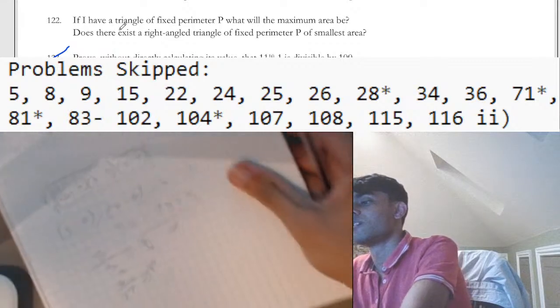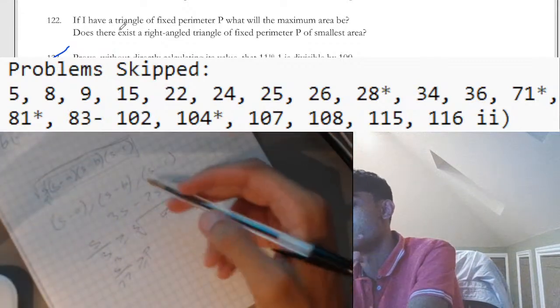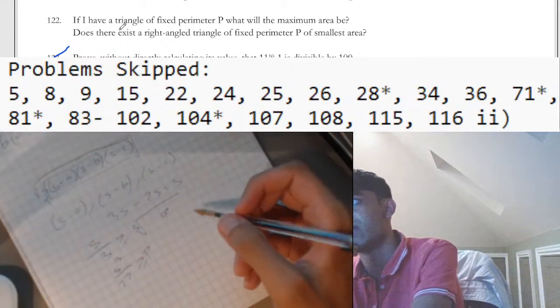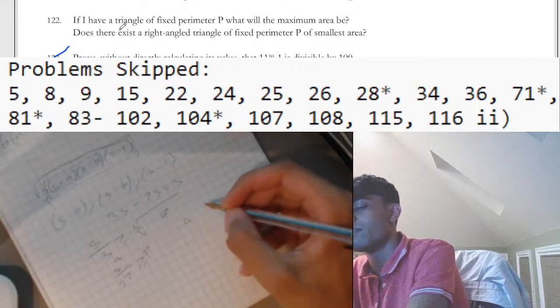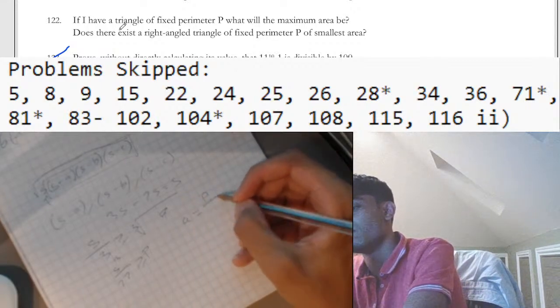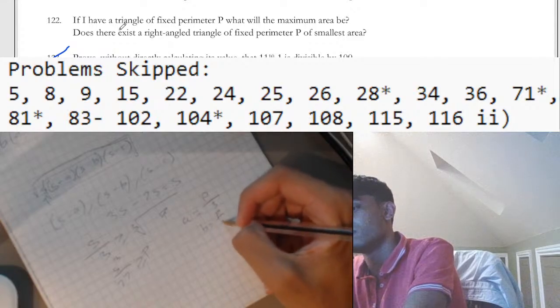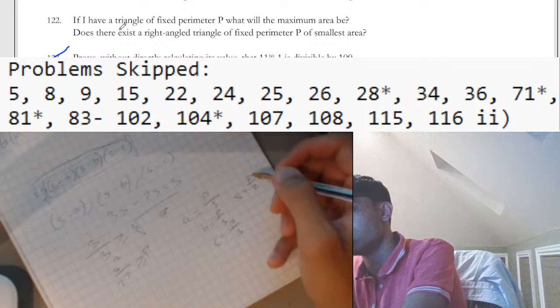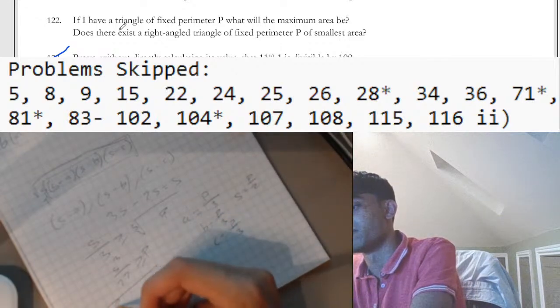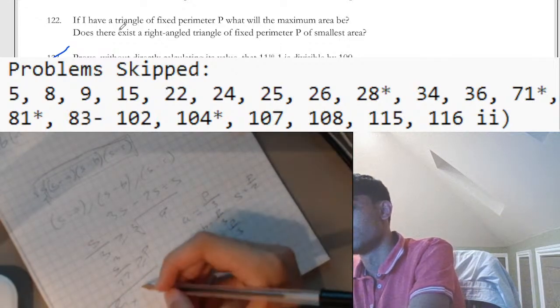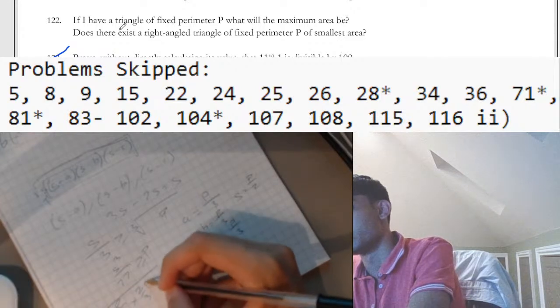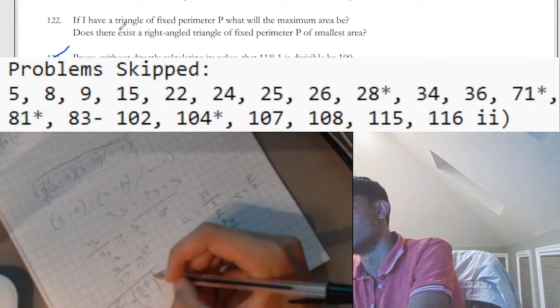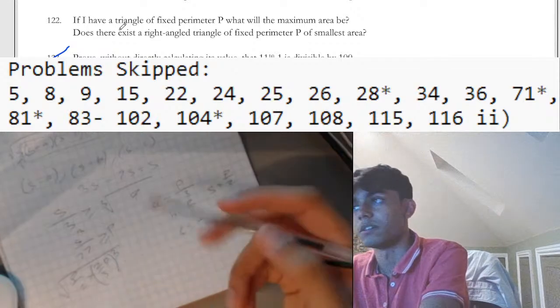And then, what's the maximum area going to be? Well, equality occurs in the AMGM if and only if A equals B equals C. So you put A is P over 3, B is P over 3, C is P over 3, and S is P over 2. So you get the square root of P over 2 times 2 over 3P, and you cube this thing, and yeah, that's the answer.